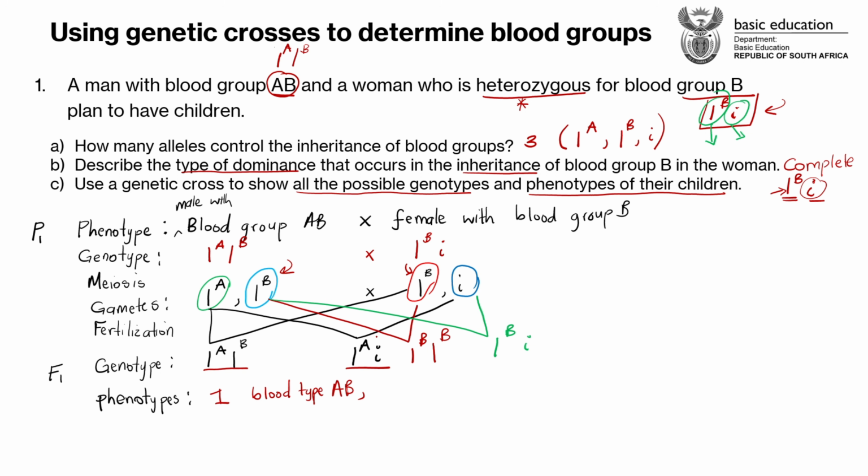The second one, interpreting this, is heterozygous for blood group A, because here we've got capital letter A and then small letter i.